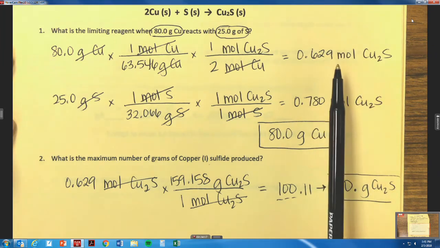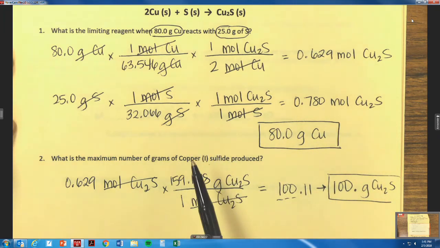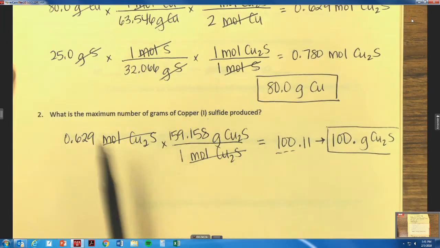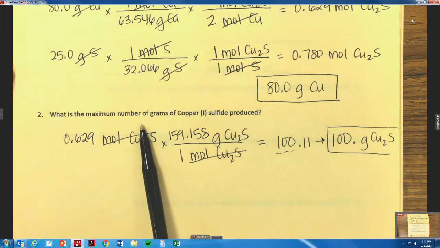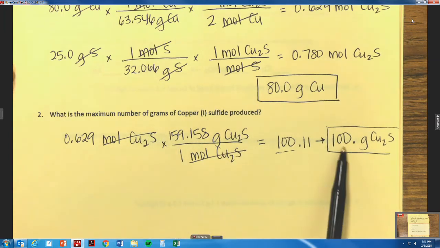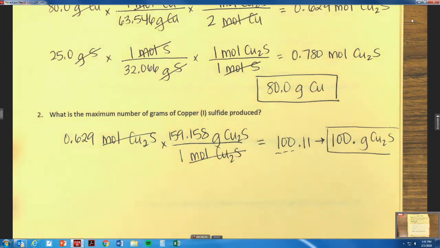But it's asking for how many grams is that? How many grams can we make? So if we can only produce 0.629 moles of copper sulfide, then we have to convert that to grams, and we'll get 100. grams of copper sulfide as our final product.